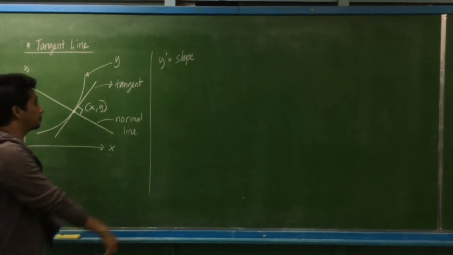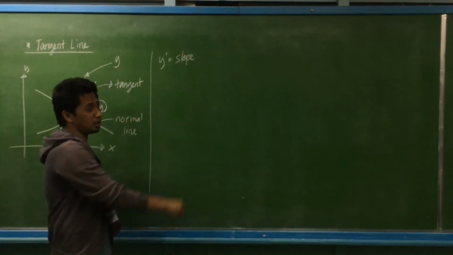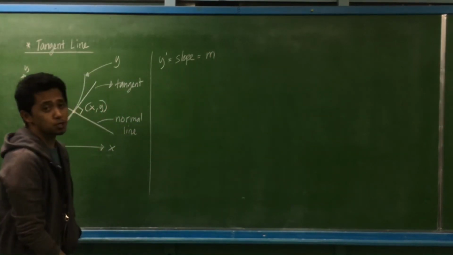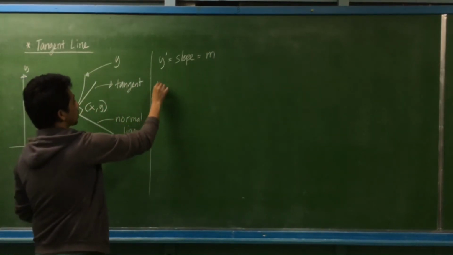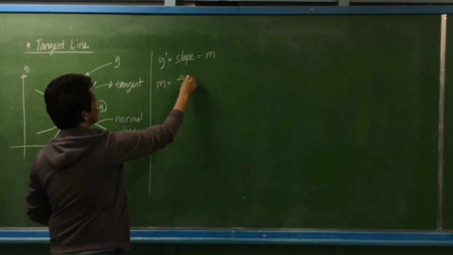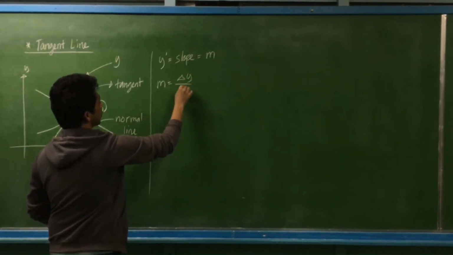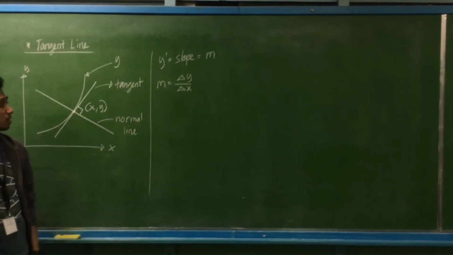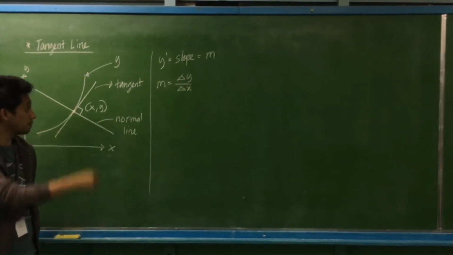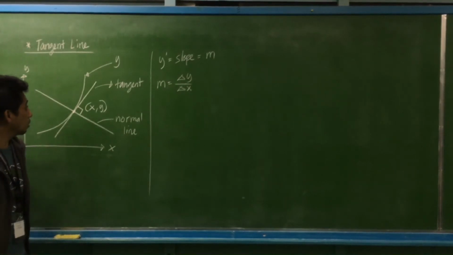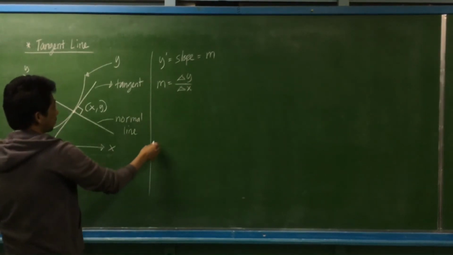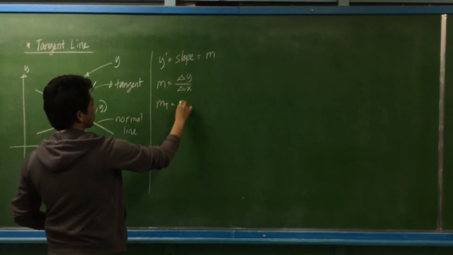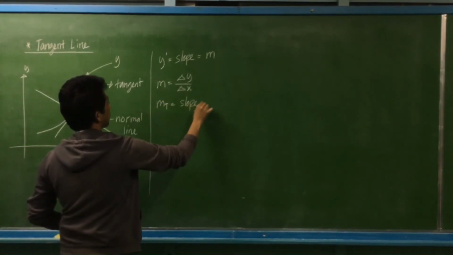In analytic geometry, you use the slope m. How to compute the slope of a given line? The slope is equal to the change in y divided by the change in x, or rise over run. So if we are able to determine, let's say, m sub t, this is the slope of the tangent.